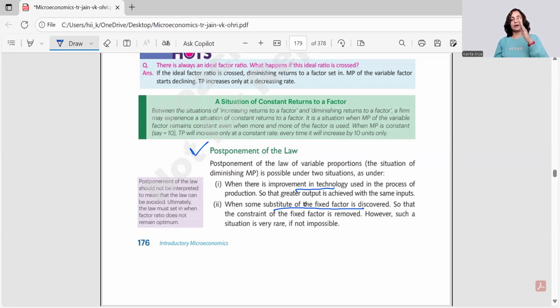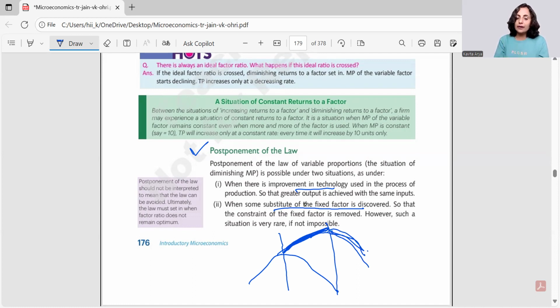Means instead of this fall, you can postpone this fall to a later stage, but the fall has to happen. Means you can extend this positive performance for some time, and inevitably it's going to fall. So we call this the postponement of the law, which is possible with better technology.